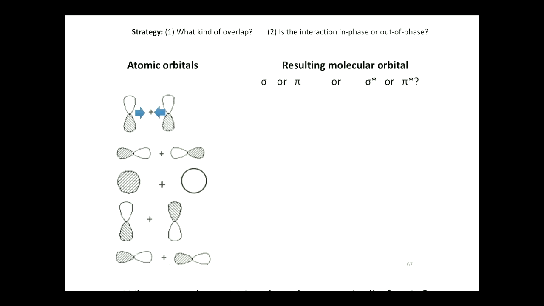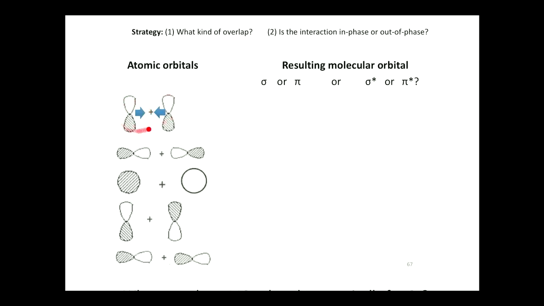Second, because now this is MO theory, electrons are not dots, they are waves. So is the phasing in phase or out of phase? If it's in phase, we get constructive interference, we get a bonding orbital. If the combination of orbitals is out of phase, then we get an antibonding orbital.